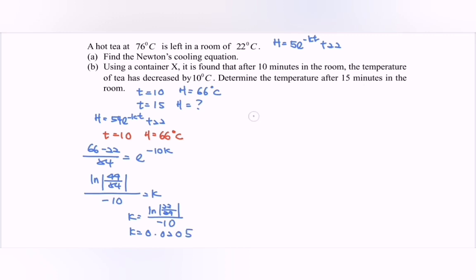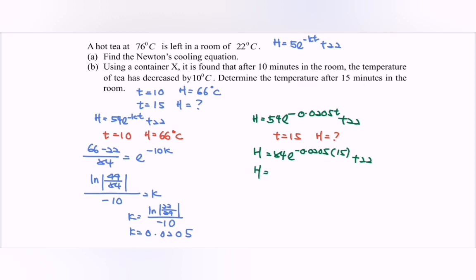H equals 54 exponent negative 0.0205t plus 22, where t equals 15 and H is the unknown. Substituting, H equals 54 exponent negative 0.0205 multiplied by 15 plus 22. By referring to the calculator, we have the temperature 61.72 degrees Celsius.